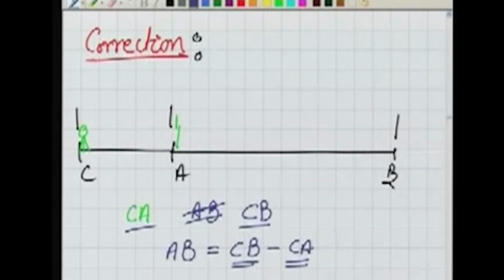Once I am doing this CB minus CA, I have eliminated the zero error. So in this value of AB, there is no zero error. Let us say I write this as AB dash for now. We will see why I am writing AB dash.